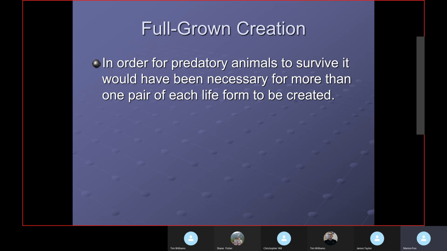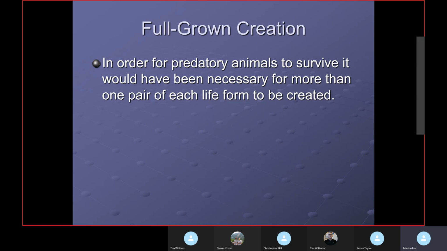In order for predatory animals to survive, it would have been necessary for more than one pair of each life form to be created. In other words, if you have predators, they got to eat something. And if they're eating animals, and you only have one pair of an animal, and they have to reproduce before the predator can begin to eat some of them, it would just wipe out some of the animals.